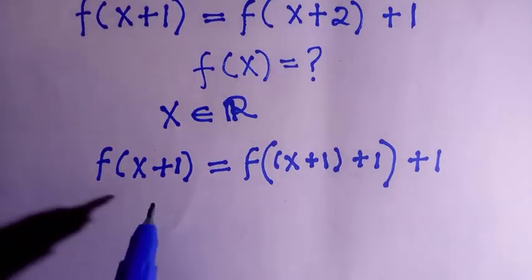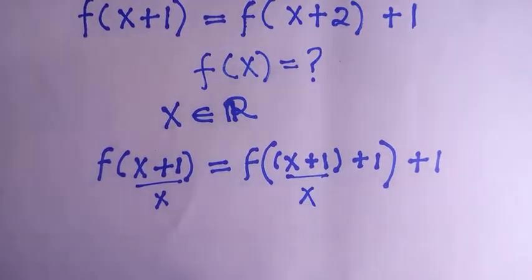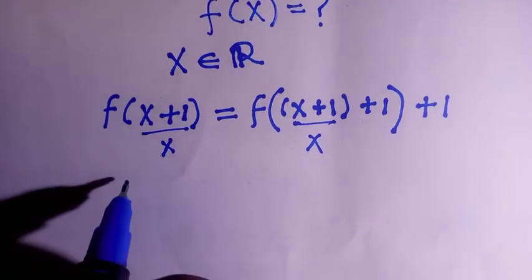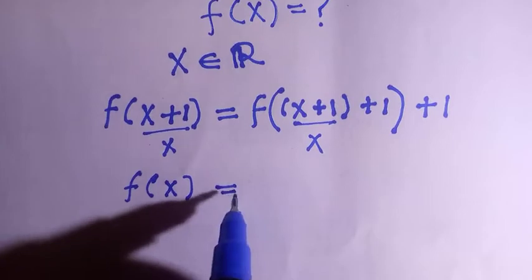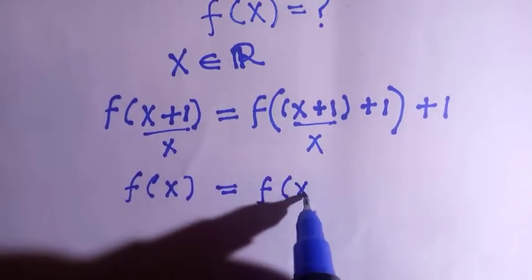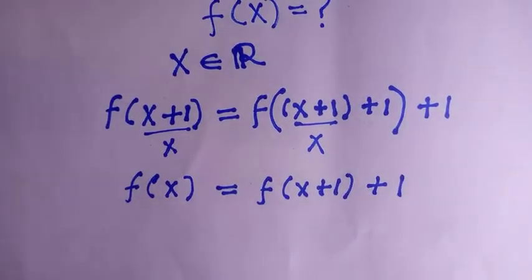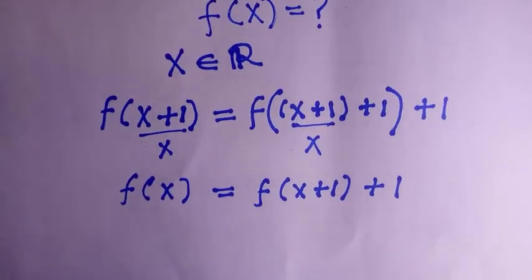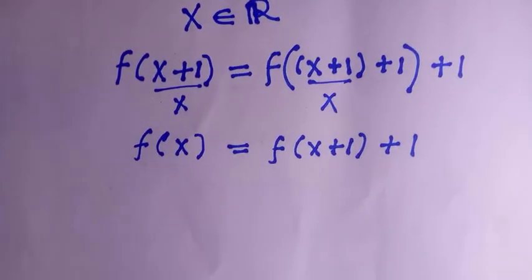So let's replace x plus 1 with x, and hereby we have f of x equals, since we have replaced x plus 1, f of x plus 1 again, then plus 1. As I told you earlier, we cannot use the substitution method here, so we keep coming back to the real question. And x is a member of the real numbers.